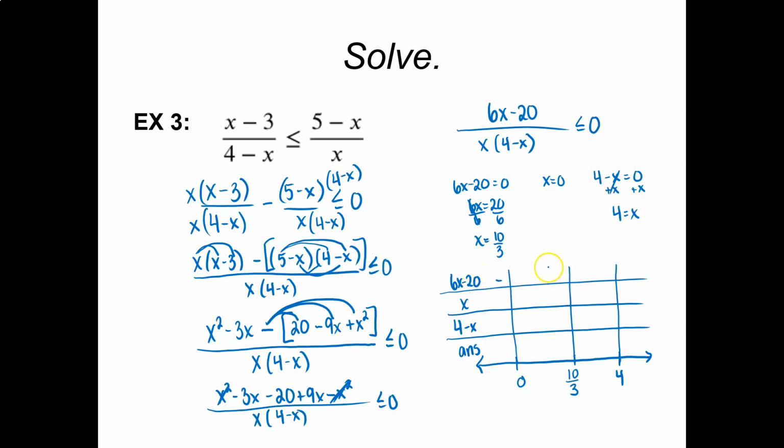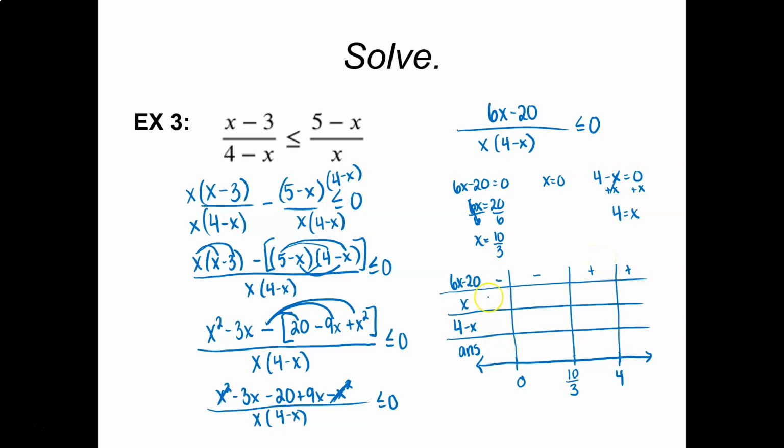If I plug in 1, I would still get a negative. But if I plug in anything bigger than 10/3, I'm going to get a positive. It's not so easy to pick a number there. It's going to be like 3.5. But you also know, like, at 10/3, 6x minus 20 equals 0. Because we said equal to 0 there. So that should be where it switches from negative to positive.